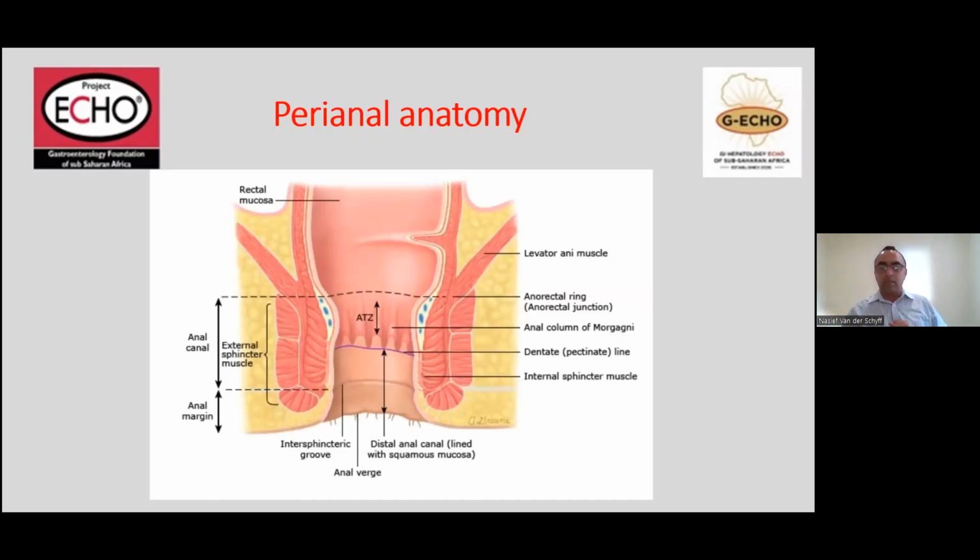I'm not sure if you can see my pointer, but you need to know the external anal sphincter on the outside, and just medial to that, the internal anal sphincter. That's important because a lot of the classifications and the outcome depend on sphincter involvement. We can also see the dentate line, which is the transition area between the columnar and the squamous epithelium, and that's an important area.